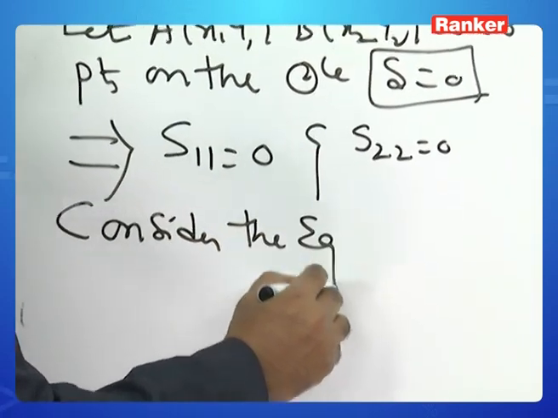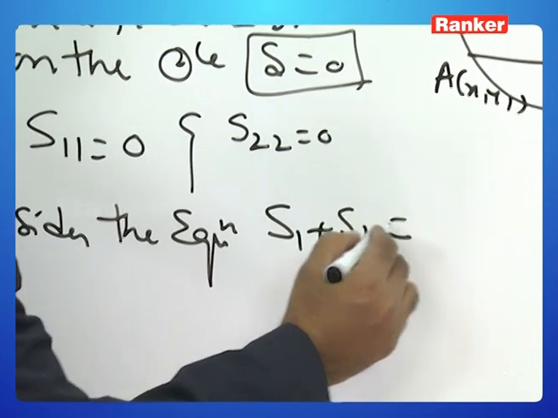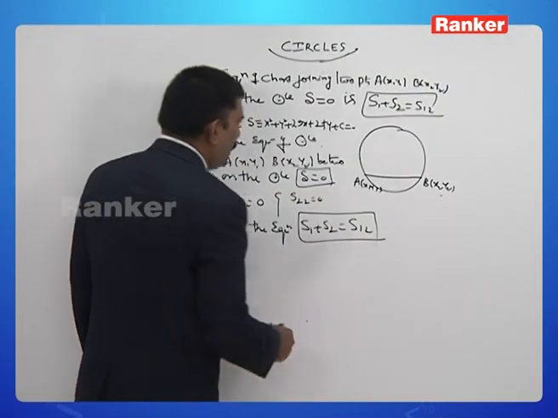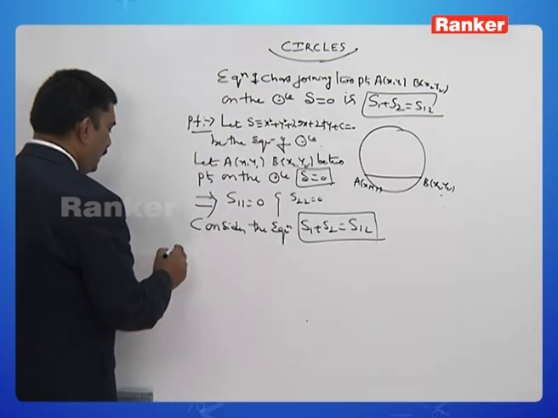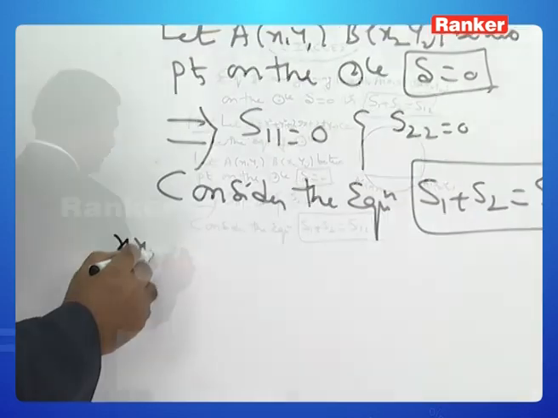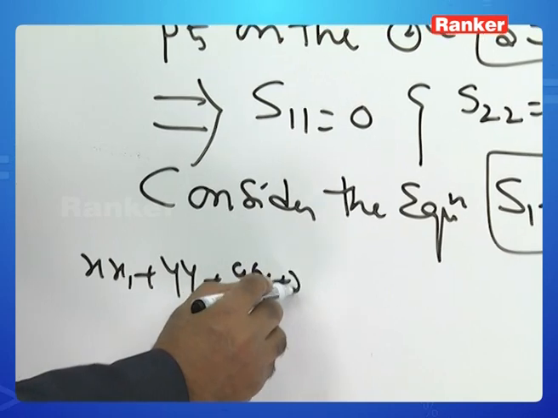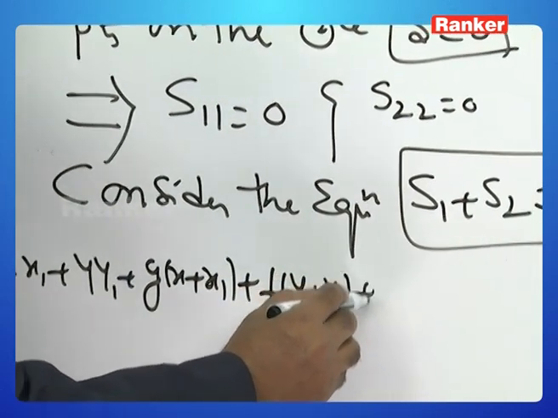Now consider the equation S1 plus S2 is equal to S12. Let us write S1: xx1 plus yy1 plus g into x plus x1 plus f into y plus y1 plus c.